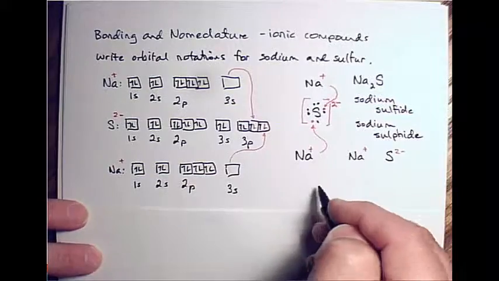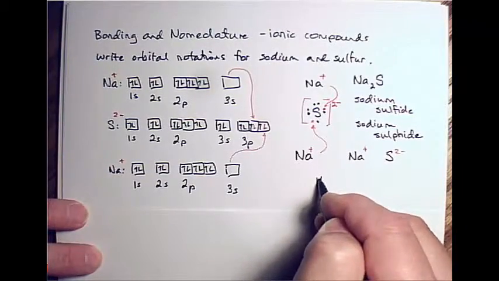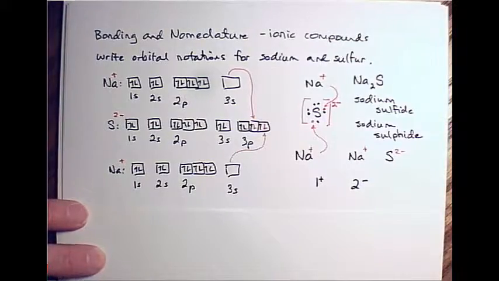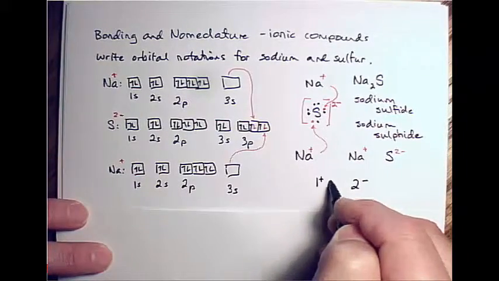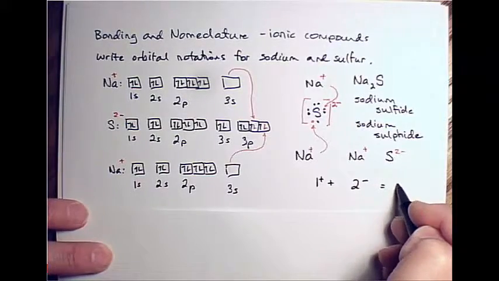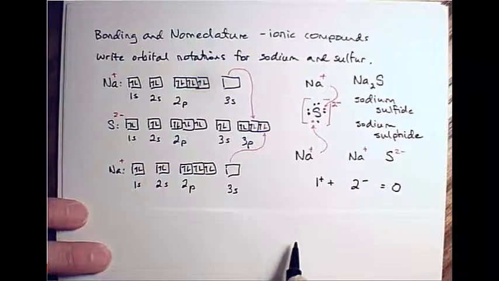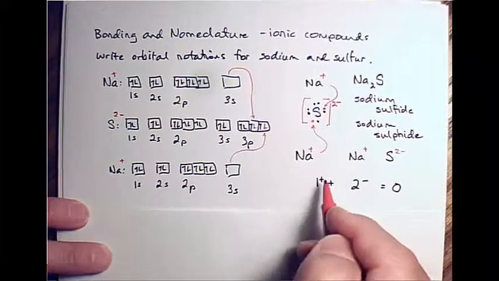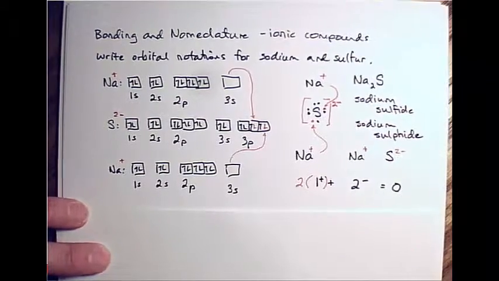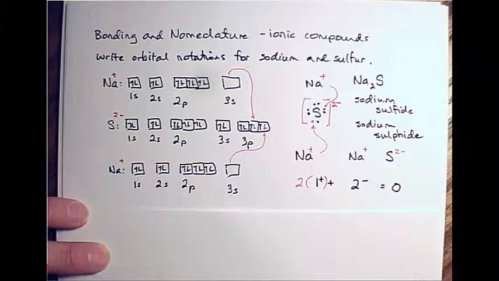So sodium has a 1 plus charge and sulfur has a 2 negative charge. And what we need is to be able to add sodium and sulfur together in a way that gives us a 0 charge overall. So we need some coefficients out here. All right? So if I put a coefficient of 2 here, that's going to make the math work out. Does that make sense?